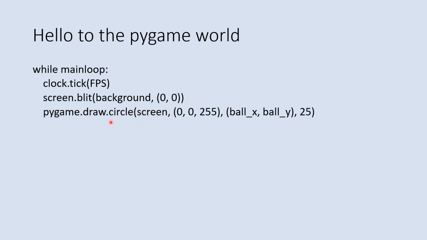So you say, here's a circle, which surface? The next tuple here is what is the color? So we have the RGB values, and so R is turned off, green is turned off, and blue is turned all the way up. So we have a blue circle that we're going to draw.